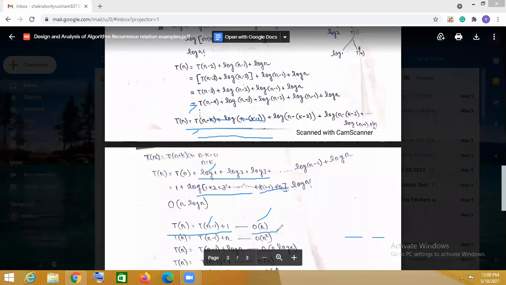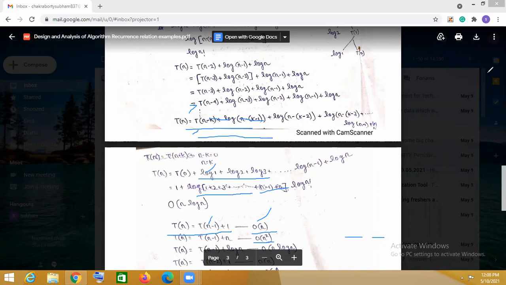This is the simplest trick for solving an objective. If T(n) equal to T(n minus 1) plus n, you can directly write this is order of n square.